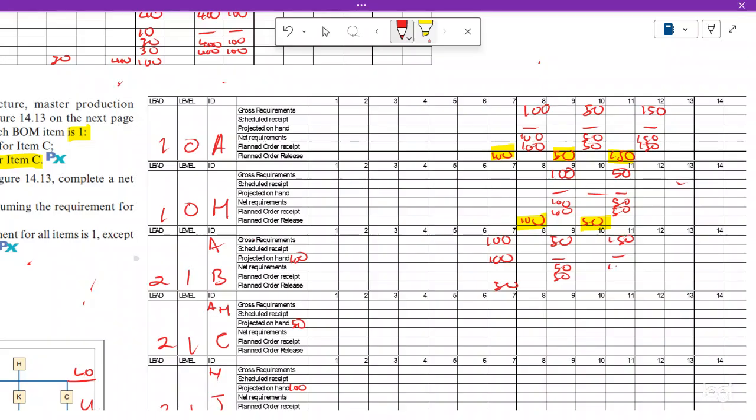Then this one 150 with a lead time of 2 weeks. MRP is forecasting or planning based on what? Based on weeks. You understand this?